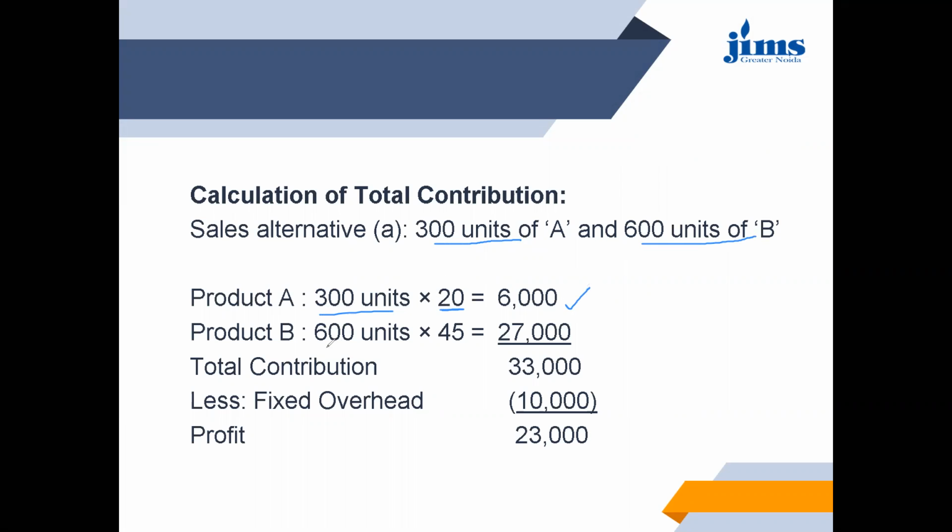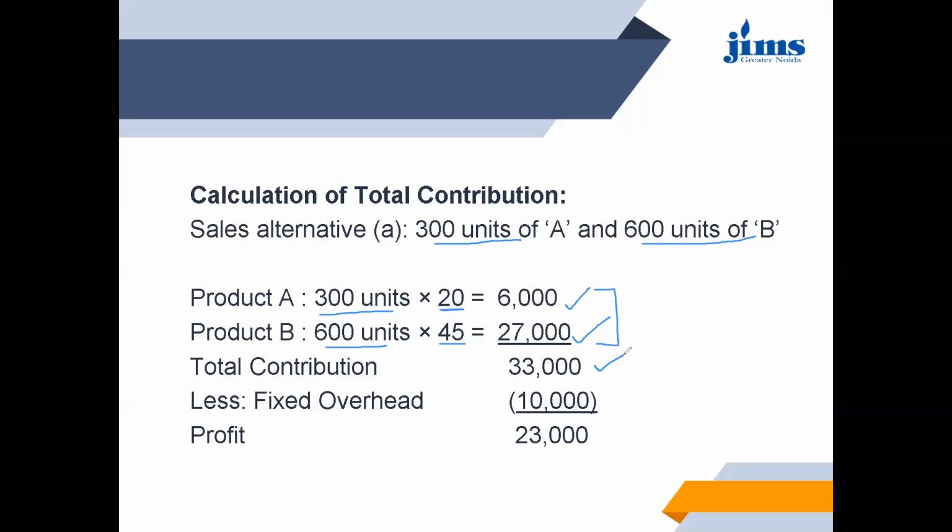If we produce 600 units of product B with a contribution of 45 rupees, that makes 27,000. So by adding both, the total contribution is 33,000.